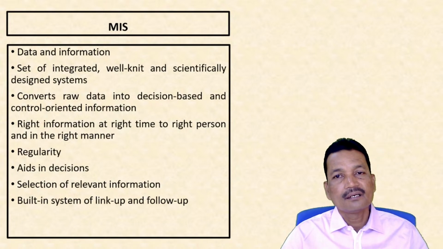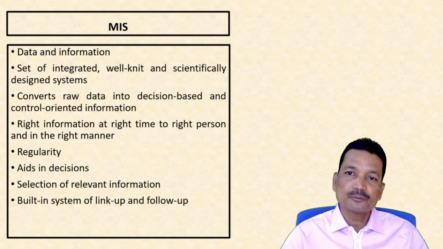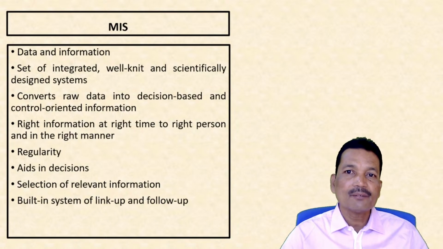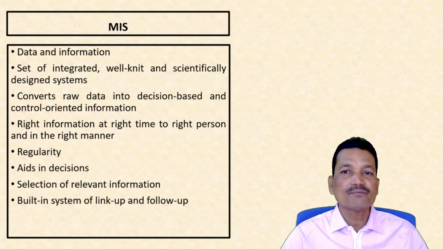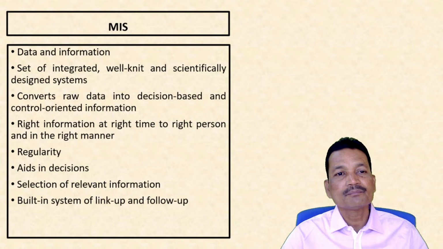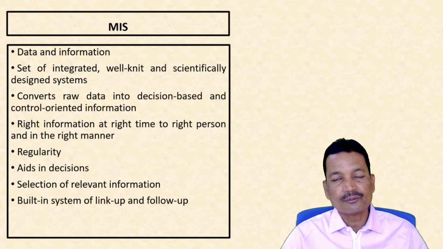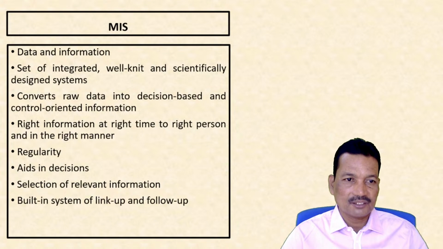But when we pick up or segregate the relevant data for any purposeful decision making, then we call it information for that particular decision. So management information system is based on data, and out of data, according to the decision making, we have to convert them into information.